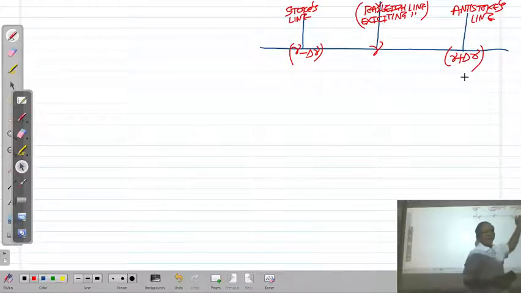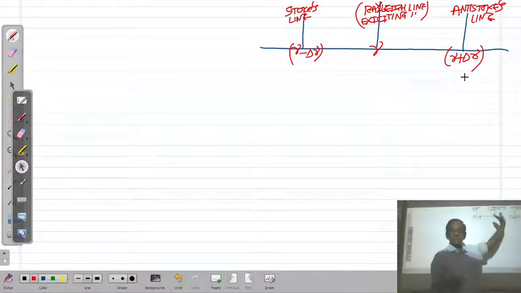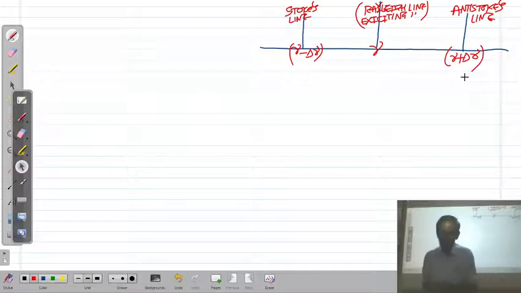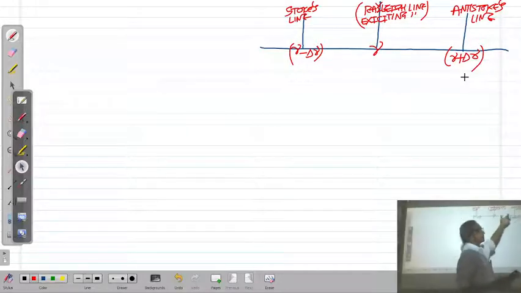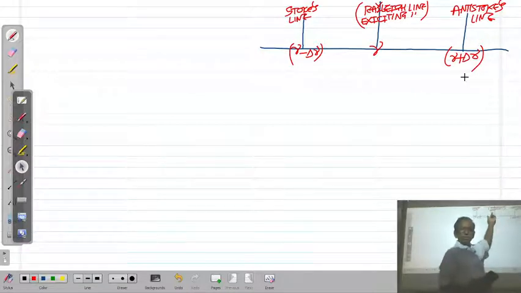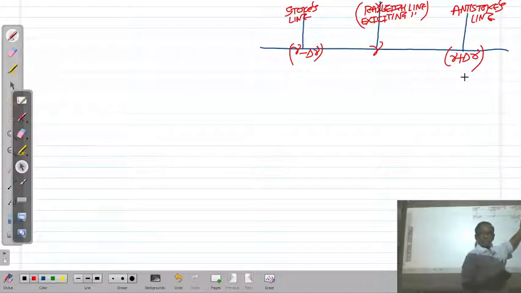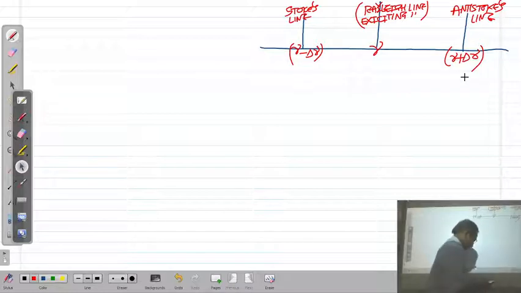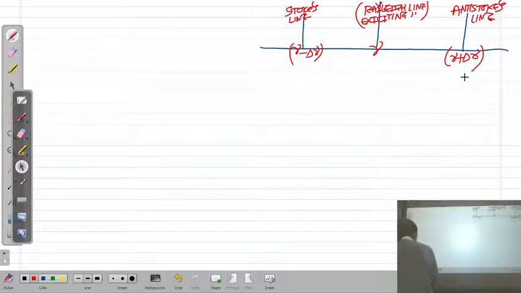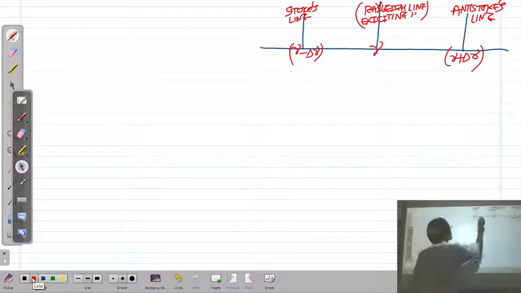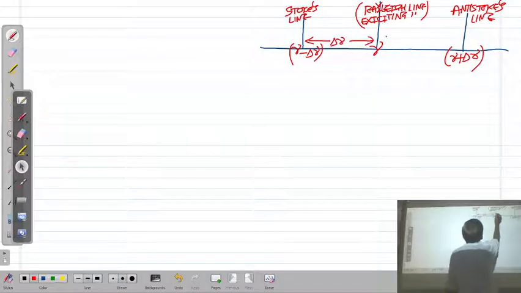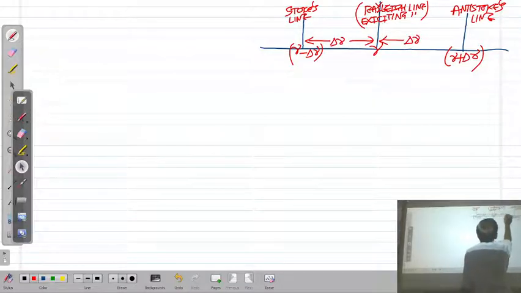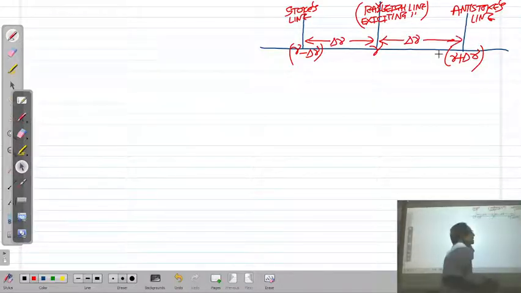The lines on the higher frequency side of the Rayleigh line are called anti-Stokes lines, with wave number nu plus delta nu. The Rayleigh line has wave number nu. So you can see that the wave number displacement will be delta nu.